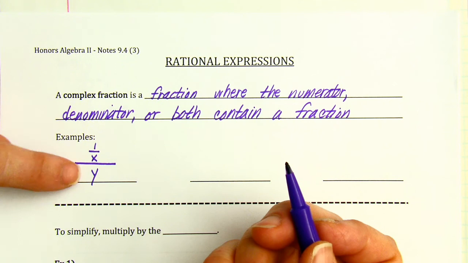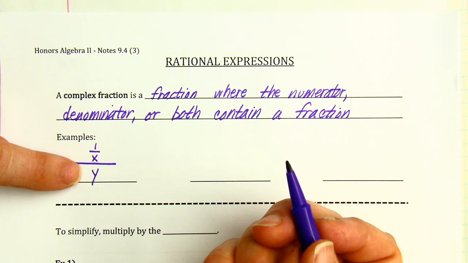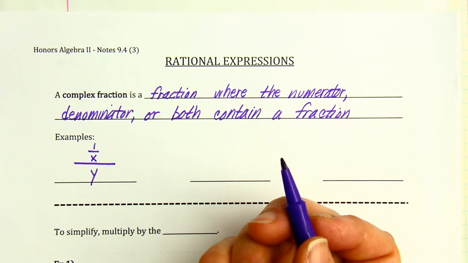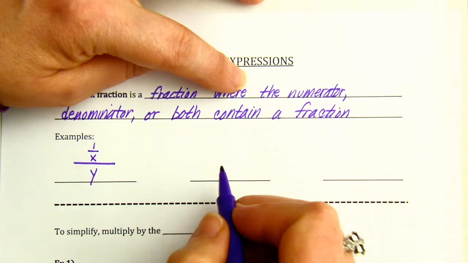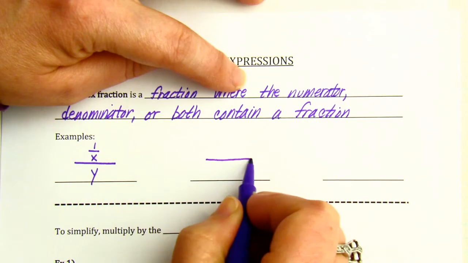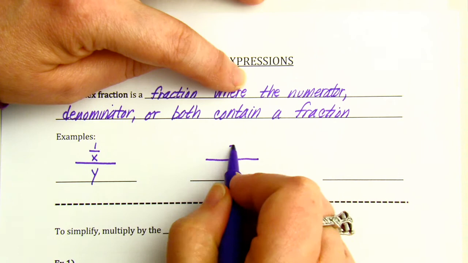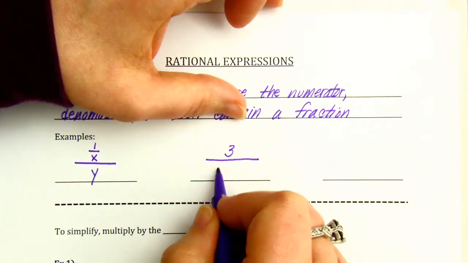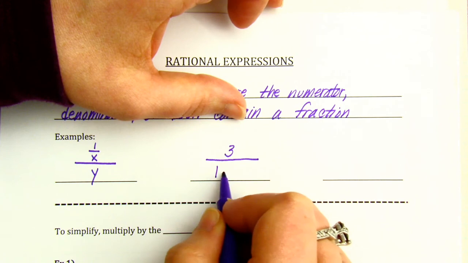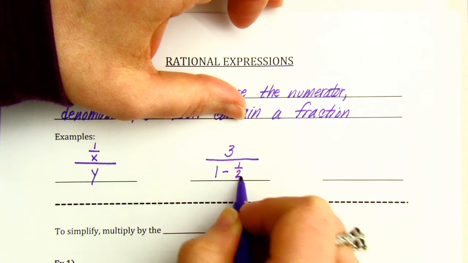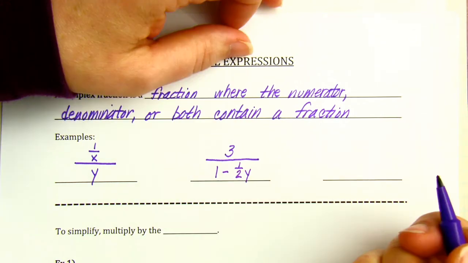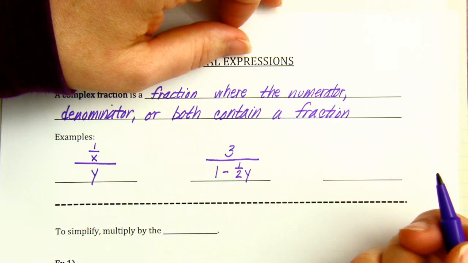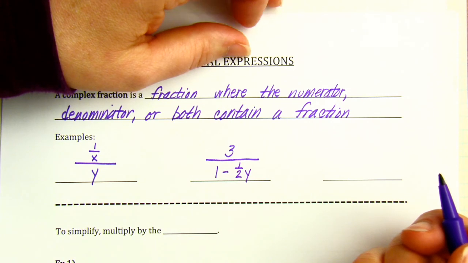The denominator technically does too, because we could put y over 1. Another example, something you might see, is we have just an integer in the numerator, but now we have an expression involving a fraction in the denominator. Okay, these are called complex fractions, and they need to be simplified.